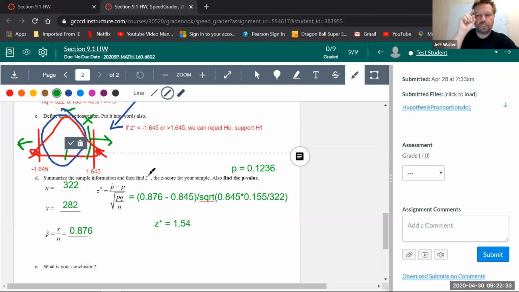Type 1 error is when I reject a true null. So if the null is true, there's still a chance I'll get in the red area. What's the probability of that happening? Alpha. So alpha is the probability of a type 1 error. To make a type 1 error less likely, you decrease alpha. I'll stop now because that's not as immediately important as the other stuff we're going to do.